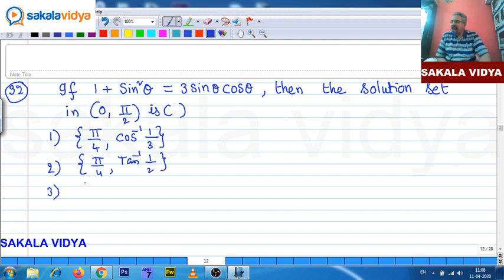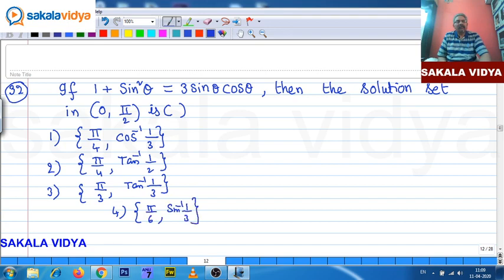Third option, pi by 3, tan inverse 1 by 3. Fourth option, pi by 6, sin inverse 1 by 3. So this is the question.